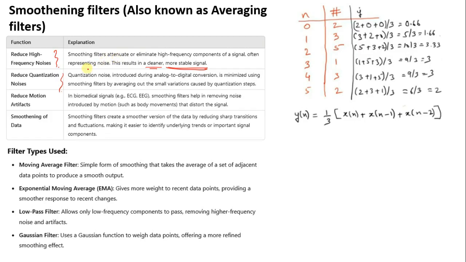Then comes reducing motion artifacts. What are motion artifacts? In many of these lab classes we have seen that we place electrodes on the surface of our body. This type of signal acquisition is called a non-invasive signal acquisition technique. Now, the patient may make various movements.